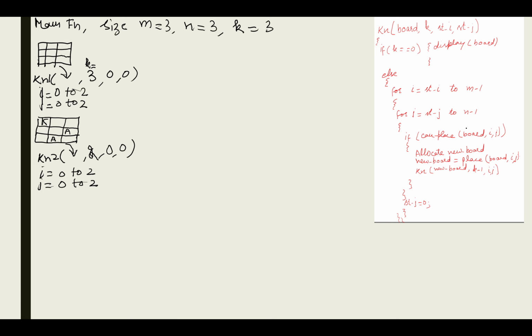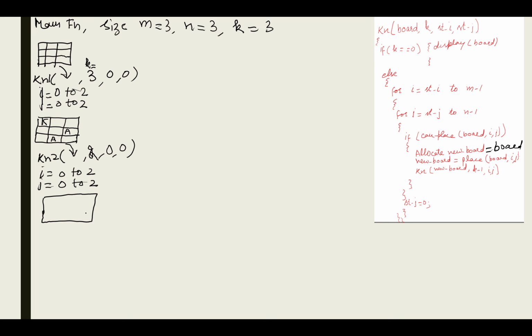So if is false, it means j increments. So the j loop increments, and now j's value is 1. Again inside this, can we place at board 0 1? This place is empty, so obviously we can place it. We allocate a new board. Whenever we allocate a new board, we copy all the positions from the previous board.